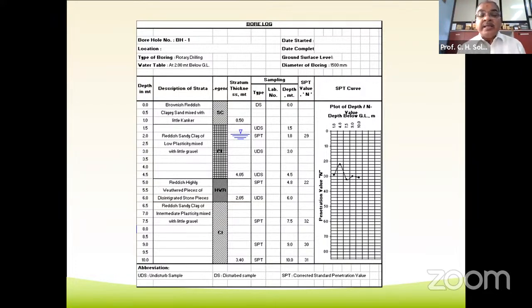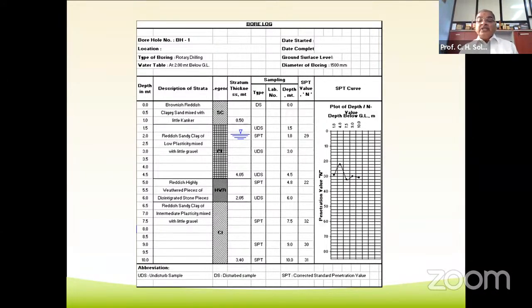The next column is showing the soil types, which come out after the laboratory results and detailed soil classification. Then we have the position of the water table. It has been marked here. In this column, the different terms are marked in terms of DS, that is disturbed samples, UDS, that is undisturbed samples, and SPT, that is the standard penetration test N value.